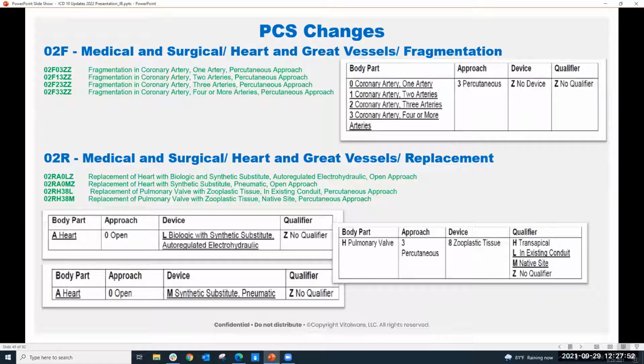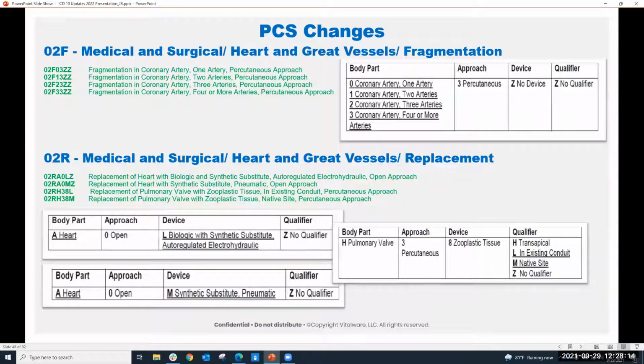Table 02R is the replacement of the heart and great vessels. In this first table, you'll see the addition of the heart as the body part and then a new device there. This identifies implantation of an auto-regulated electrohydraulic total artificial heart system, and an example of this would be SynCardia.